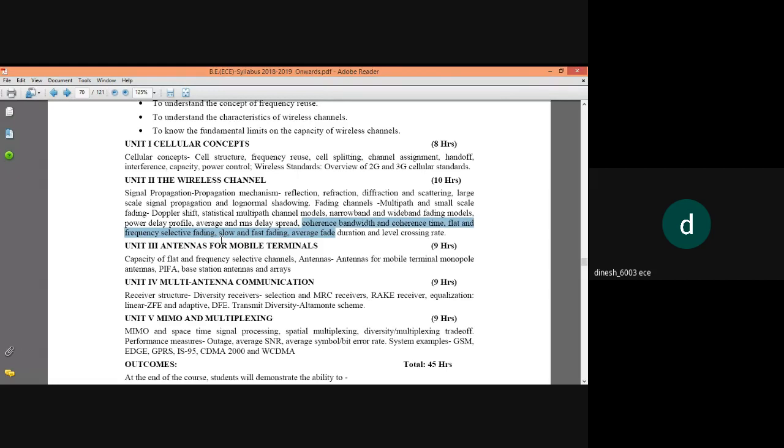In unit number 4, we'll be seeing multi-antenna communication.